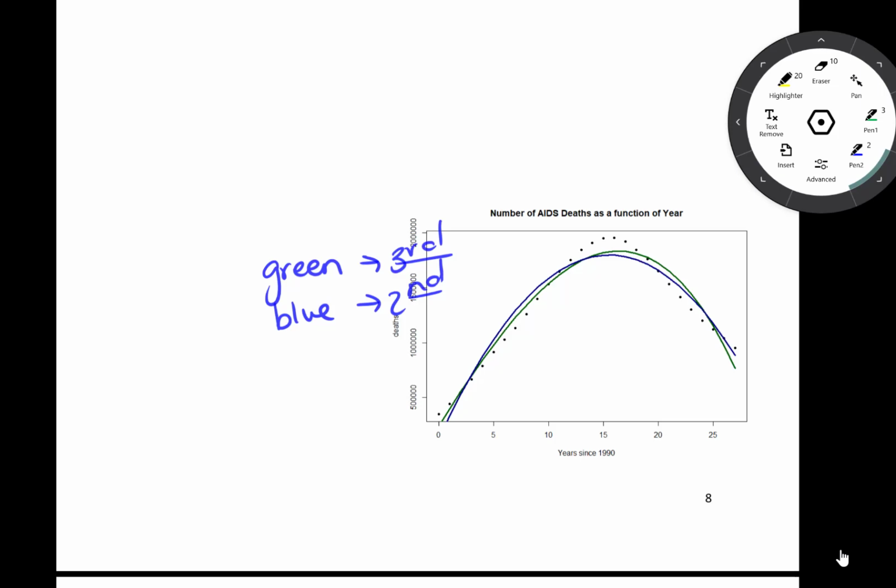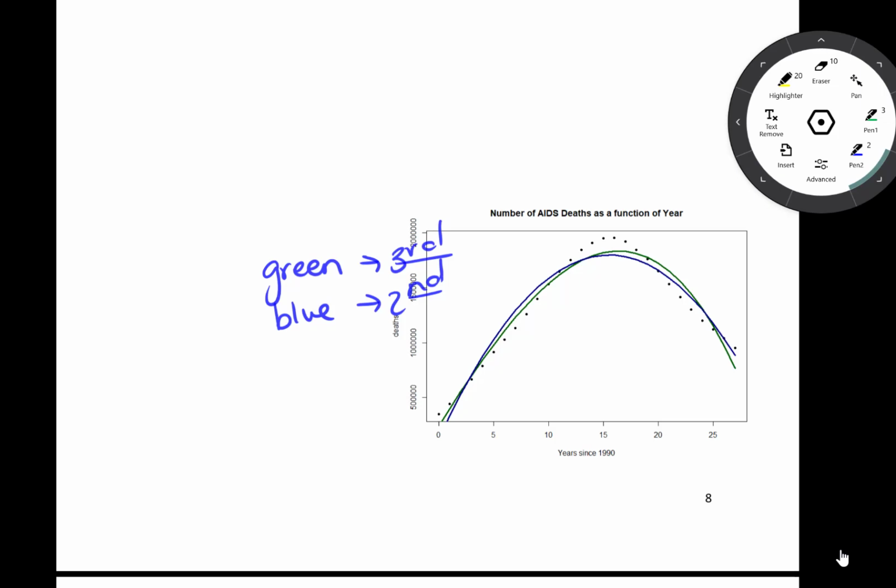If I had just plotted that blue and that green line for you, you would have thought, oh, these both just look like second orders. What's happening is that for that third order model, the way that it's fit, that second curvature is actually off of the chart here. So that's why we don't see that. The two models are actually very close to one another in terms of fitting the scatter plot.